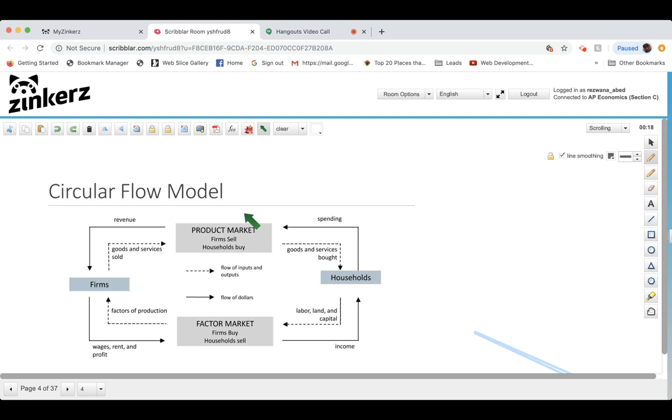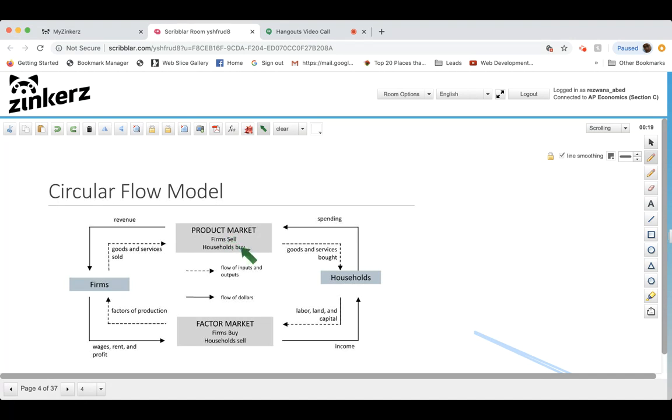So let's take a look at what happens in each of these markets, and what roles are played by firms and households. If we start with the flow of inputs and outputs, I'm going to start with firms over here. Firms sell goods and services to households in the product market.